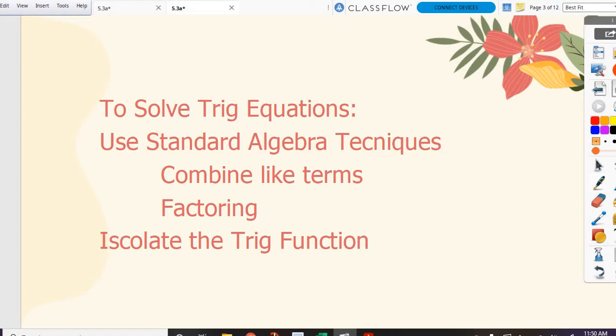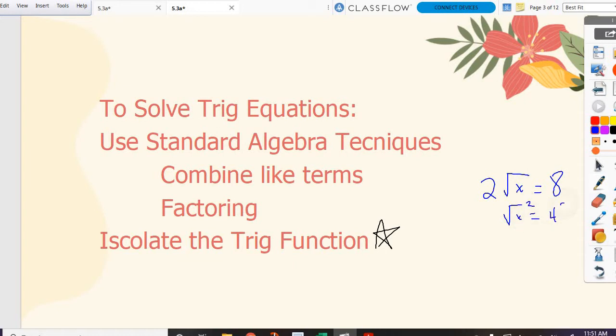Okay? But our goal is going to be to isolate the trig function. So just like if I had, say, 2 square root of x equals 8, well, I know that squaring both sides undoes my square root, but I can't square both sides until my square root is by itself.